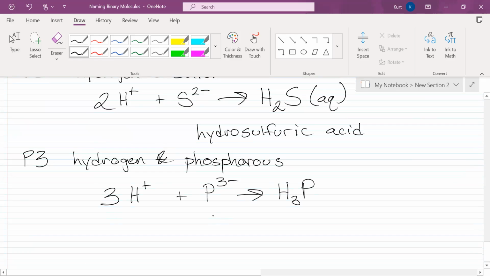What do you start off with? Hydro. And for phosphorus, the root is phosphor. And what do you end it with? Ic. And what's the second word? That's it. Hydrophosphoric acid. Is there an AQ up there now? Yeah, I didn't write that, but good call.